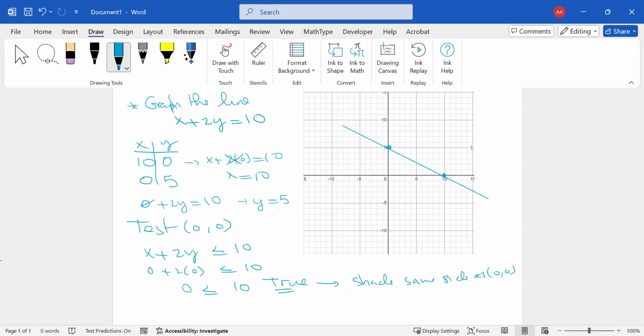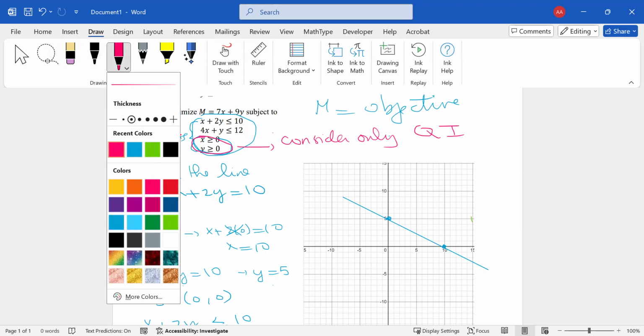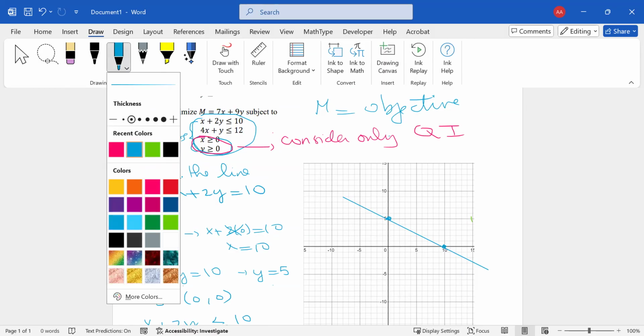Okay, now a little remark. You see these two inequalities right here? They just ask you to consider only quadrant one, where x is positive and y is positive, which means that instead of shading this whole side, I just stop in the first quadrant, which is right here.